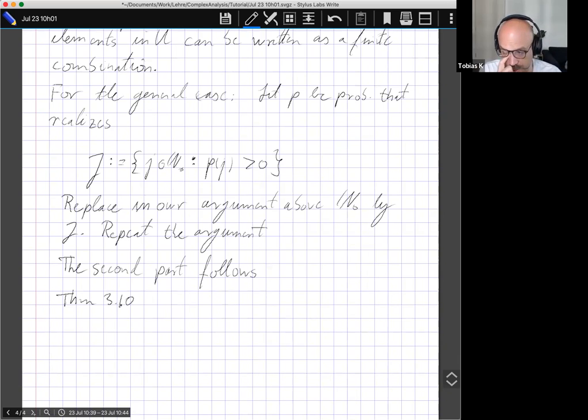So the most important theorem in linear algebra is that if you have a vector space, then there exists a number D such that you can find D vectors so that you can write every element of the vector space as a unique linear combination with respect to these D vectors.